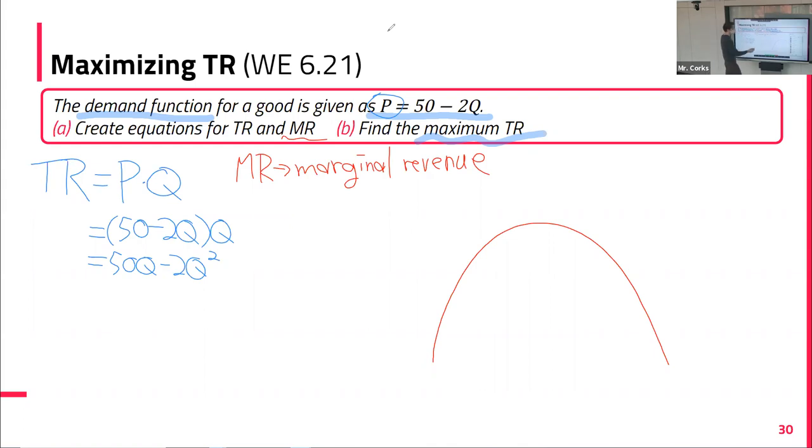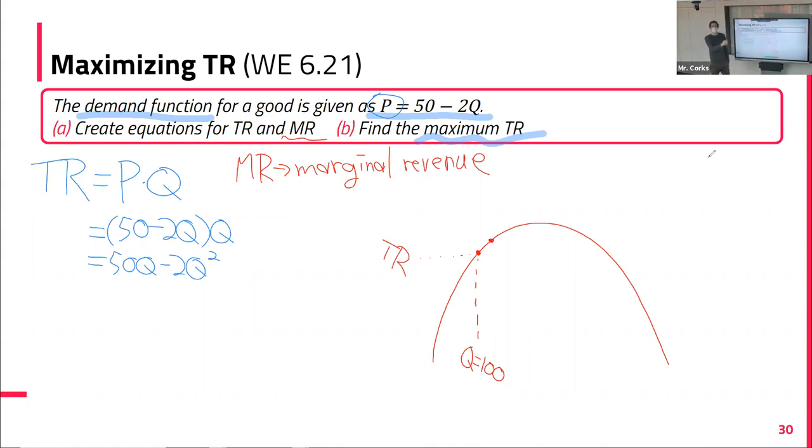So let's say I sell 100 units. So here is my Q at 100. And also we could figure out here is my total revenue for when we sell 100 units. Then marginal revenue, I'm asking here, what if I sell one more?